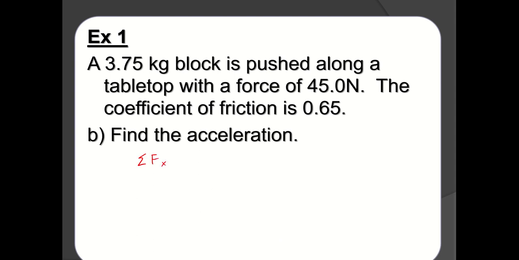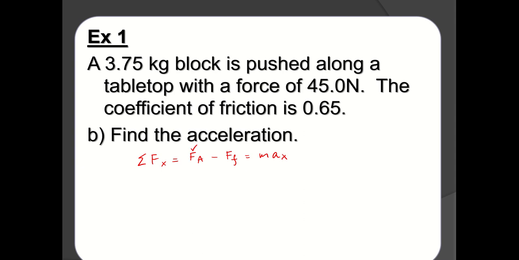So I have my FNet. So again, we had our force applied, positive, force of friction was negative, and this equals the sum of the two forces. So this is the resulting force, m times a, and we're asked to find the acceleration, right? Part B is asking for the acceleration.